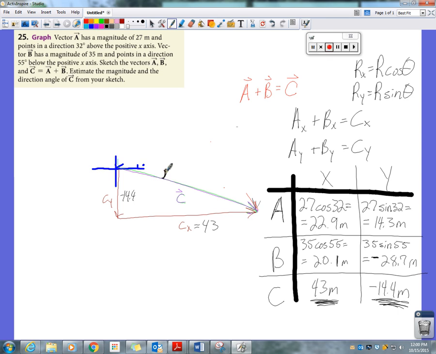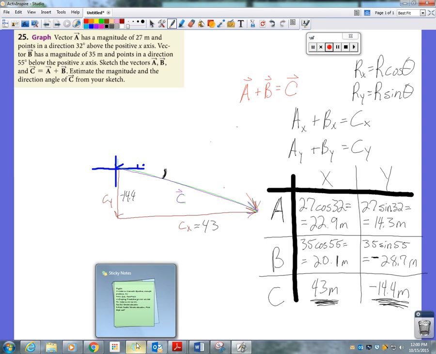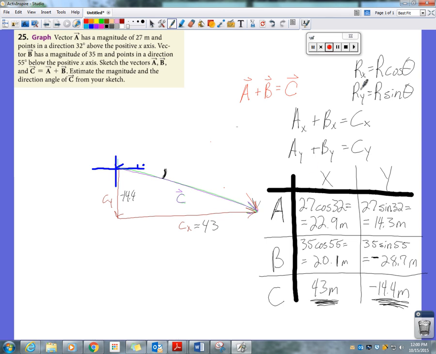Even though I drew the triangle like this, and this angle is outside the triangle, remember, as long as we're using these and our inverse tangent equation of y over x, it's always going to give us the right angle. This is the angle we want: the angle that the vector makes with the x-axis, with the horizontal. So even if we drew it the other way, it still winds up being the same thing.